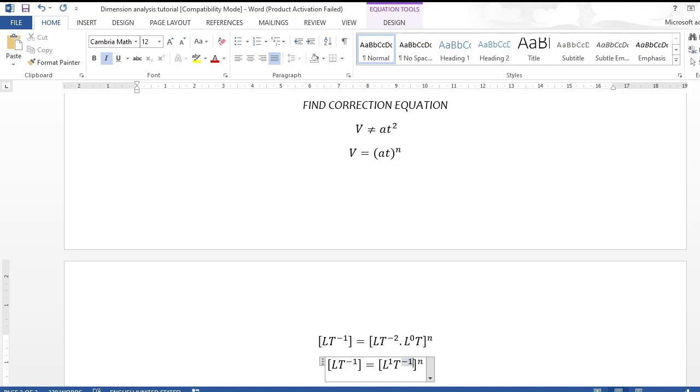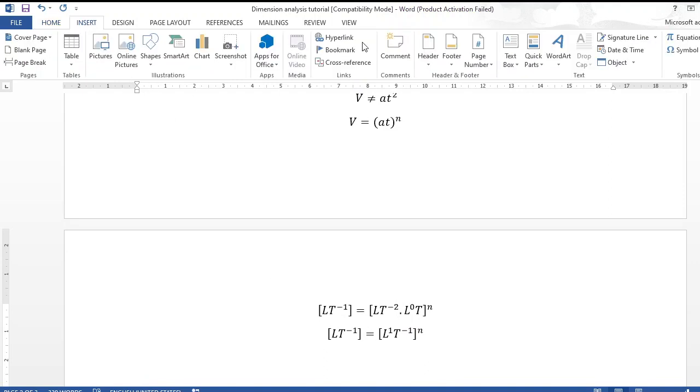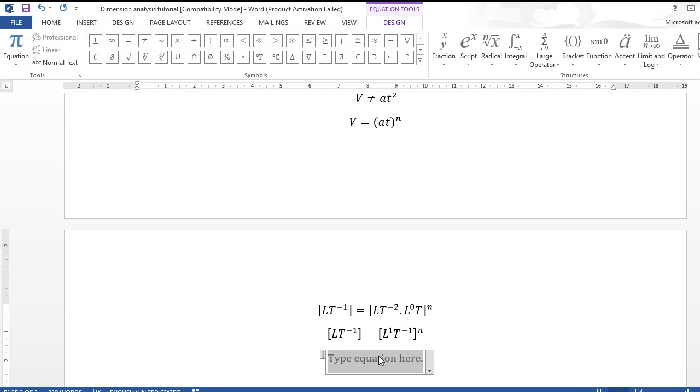L to the power 1, t to the power negative 1. Then you multiply the powers. Because you have a power of n here, you should multiply to evaluate the right hand side. T to the power negative 1 as a dimension equals the other side.